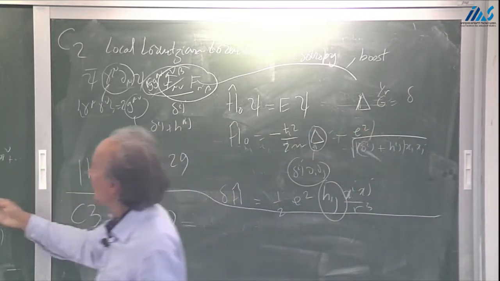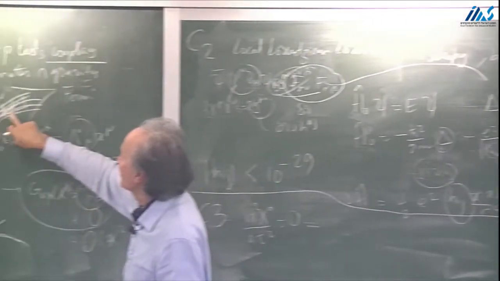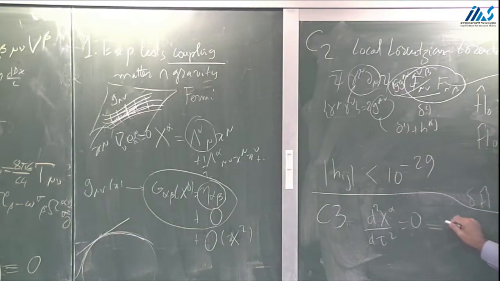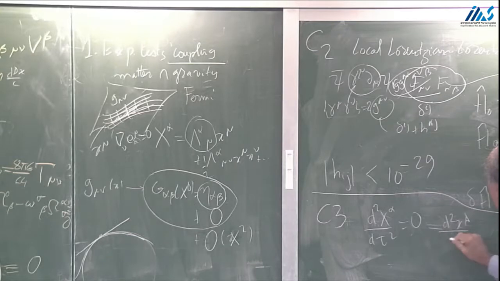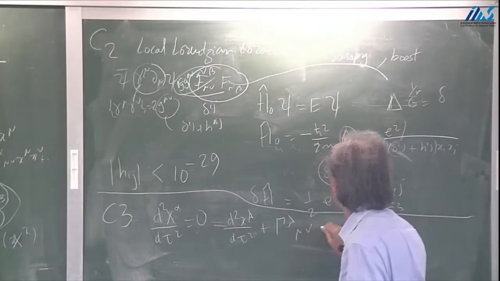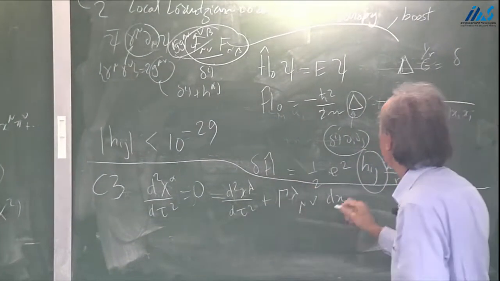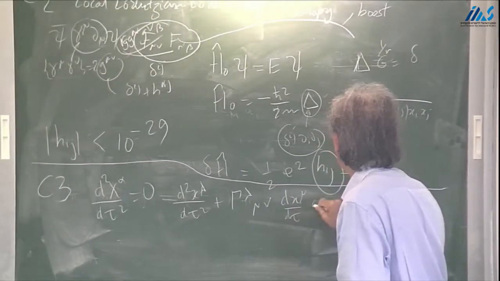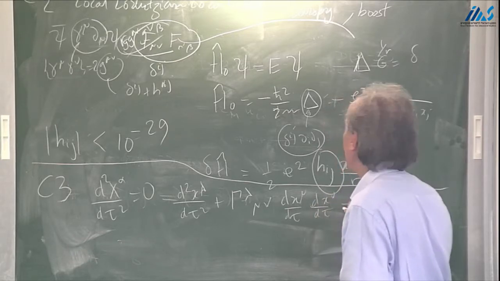If I go back from the coordinates here, the local coordinates where I fix locally the value of g mu nu, I find that this equation becomes the geodesic equation, which I have not introduced, but let me introduce it now. It says that the second covariant derivative of the position, or if you want the covariant derivative of the 4-velocity, is equal to 0.